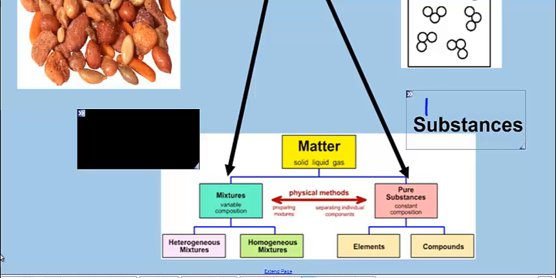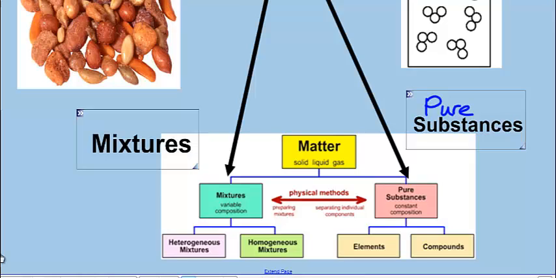A substance is also called a pure substance. And then we have matter that is not pure. Impure matter, which is called a mixture. Okay? Mixtures are not pure matter. The big difference is that pure substances are made of only one type of atom or molecule.